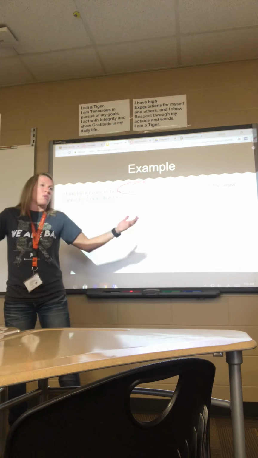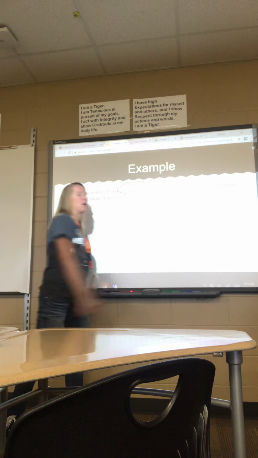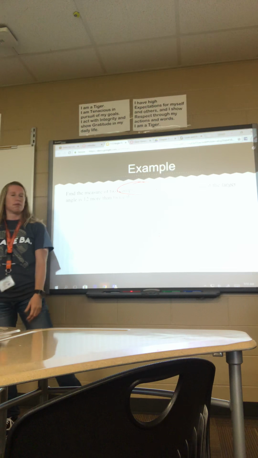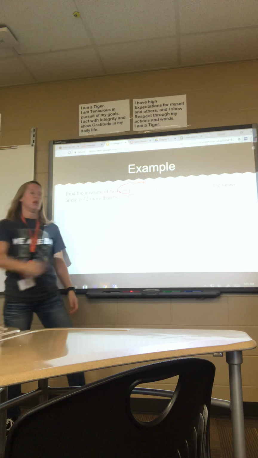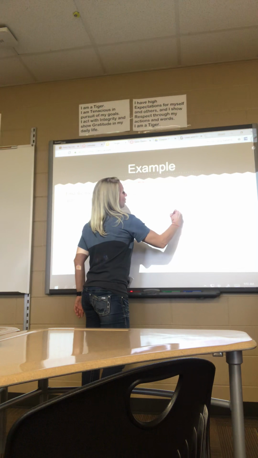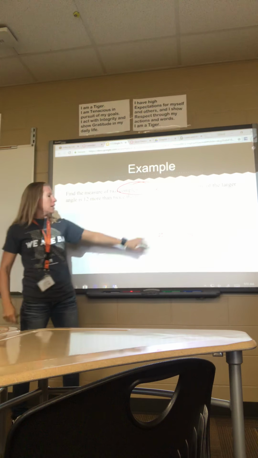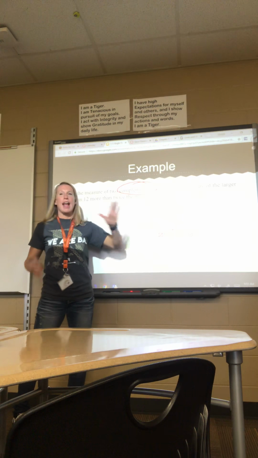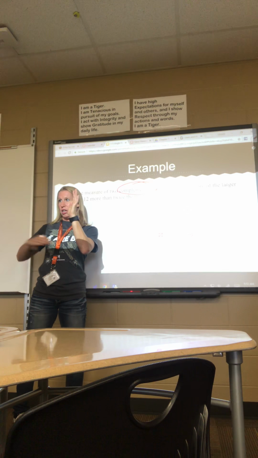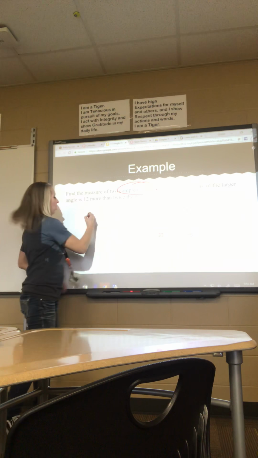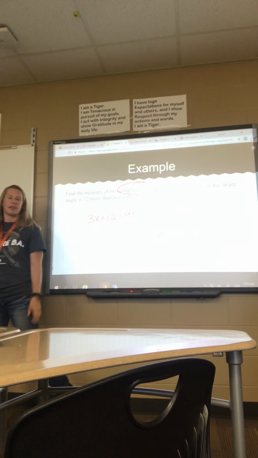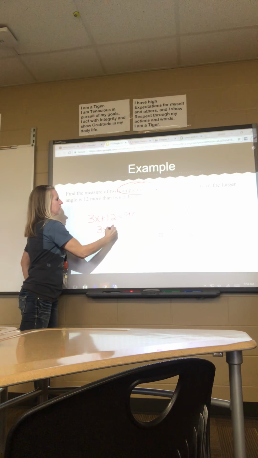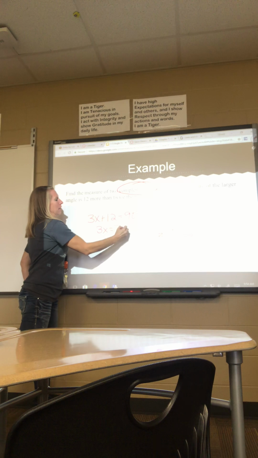When you do that, pick one of the angles, call it X. Doesn't matter which one. Pick one. The other angle is 12 more than twice that. How would I do? 2x plus 12. Or 12 plus 2x. Doesn't matter. Now together, they add to 90 degrees. So 3x plus 12 equals 90. Then subtract the 12. 3x equals 78.